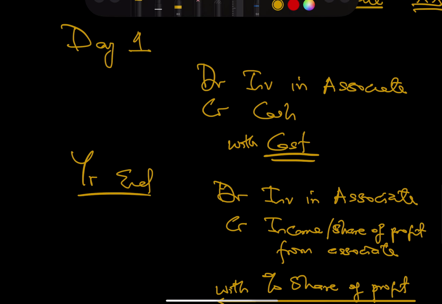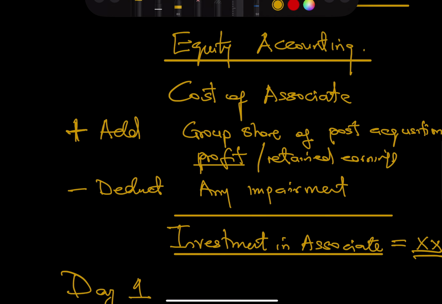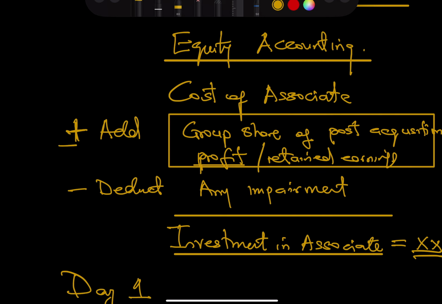And this part of the entry is what goes into your equity accounting that we are talking about here. This part, that is a debit that you are seeing here as plus.